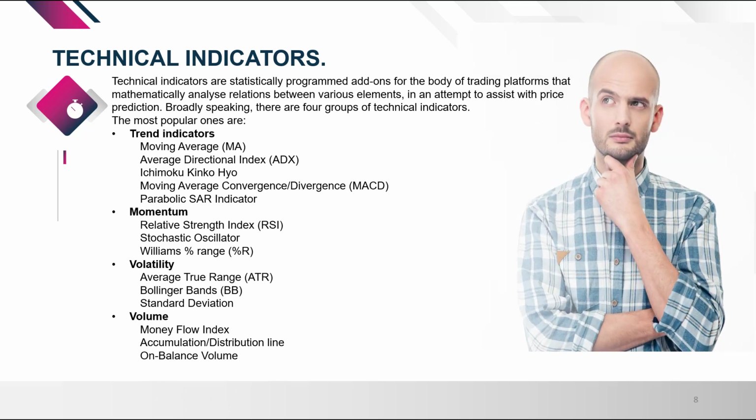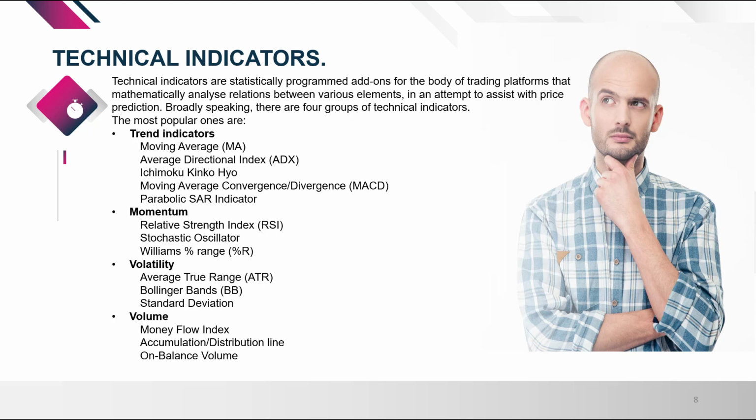Technical indicators are statistically programmed add-ons for trading platforms that mathematically analyze relations between various elements in an attempt to assist with price prediction. Broadly speaking, there are four groups of technical indicators. The most popular ones are trend indicators, momentum indicators, volatility indicators, and volume indicators.